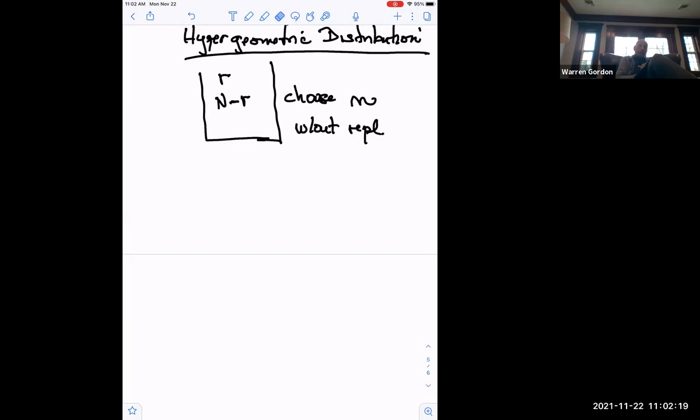We know for the binomial distribution, the moment generating function is (p e to the t plus q) to the nth power. This is the moment generating function of the binomial distribution that has probability of success p, and it's done n times.